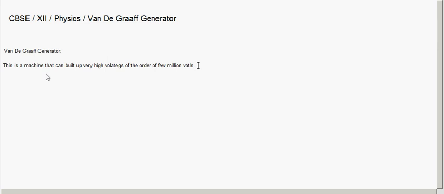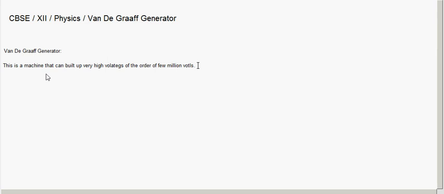When we study the structure of matter, we may need high acceleration of charged particles like electrons, protons, and ions. In those cases, we can use this machine, because it can build up very high voltage.